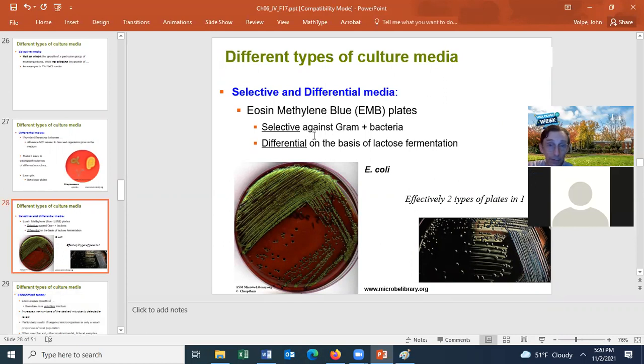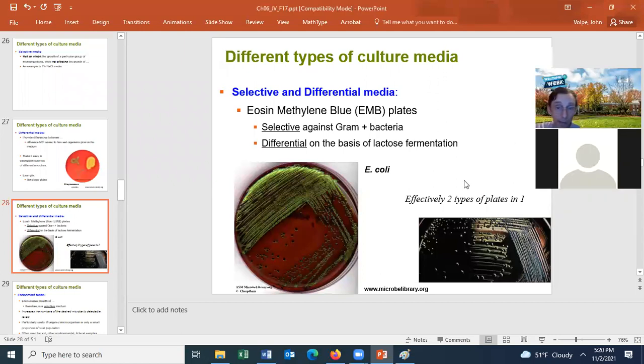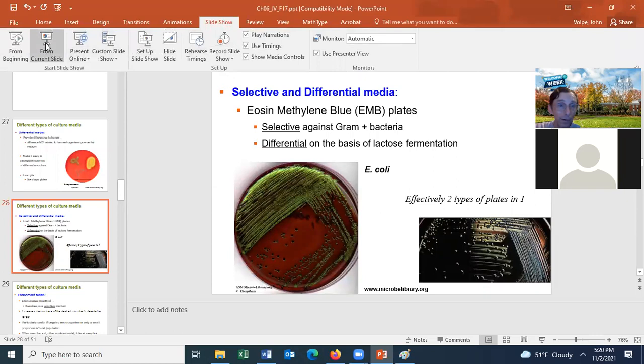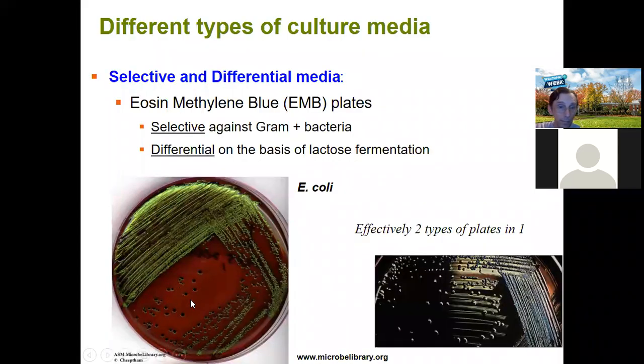And then it's differential on the basis of lactose fermentation. There's lactose in the media. When you get lactose fermenting, it causes the bacteria to look dark in the colonies here, or greenish, which it looks greenish there.